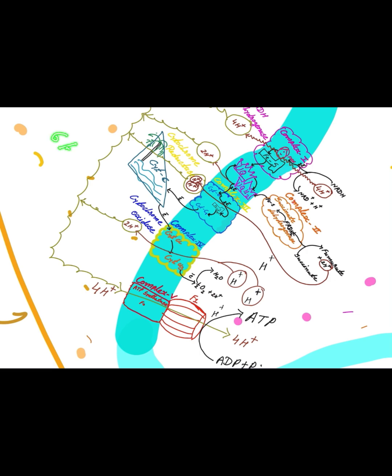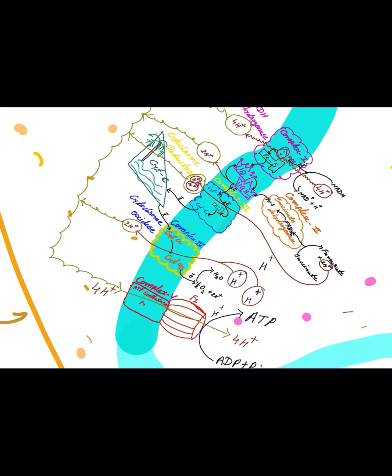Out of 10, only 6 protons are present in the intermembrane space. So when 6 H plus moves across the membrane towards the matrix, 1.5 ATP is generated, which is equivalent to approximately 2 ATP. So when NADH is the electron donor, 3 ATP is generated, and when FADH2 is the electron donor, 2 ATP is generated.